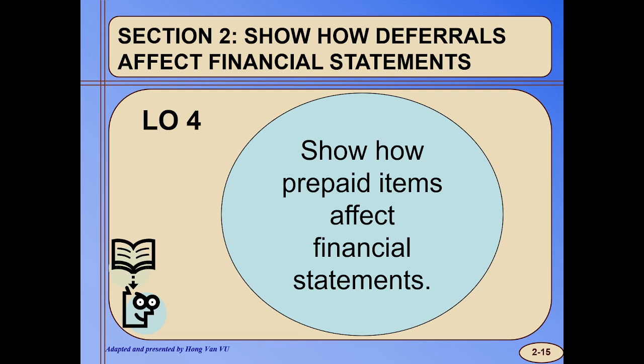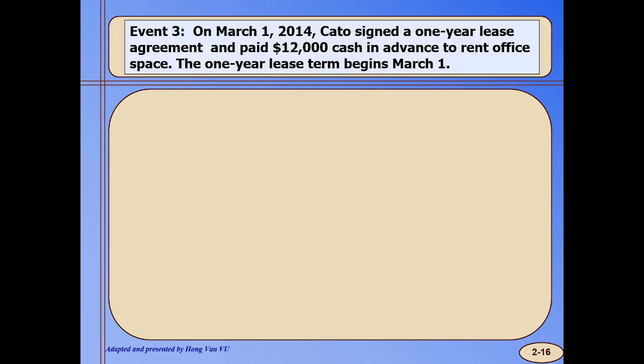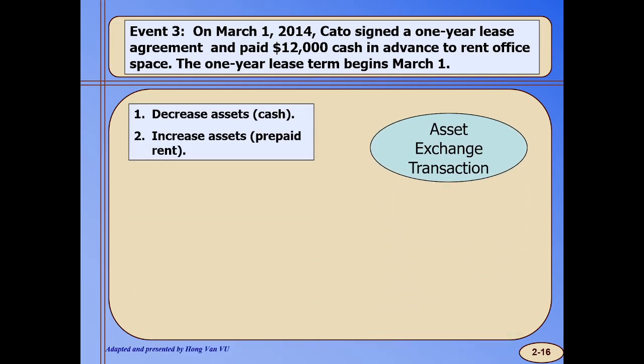Now we will learn how to show prepaid items in the financial statements. For this transaction, on March 1st, 2014, the company Cato signed a 1-year lease agreement and paid $12,000 cash in advance to rent office space.